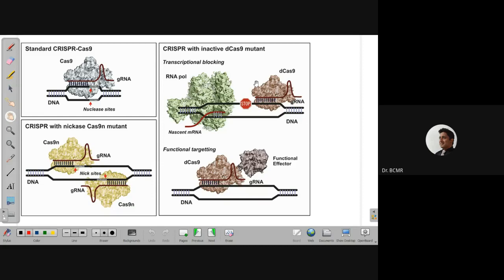So RNA polymerase cannot move along because this is obstructing it. And the functional effector is the same as what I described in the previous slide, about adding a repressor or an activator to repress or stimulate transcription.